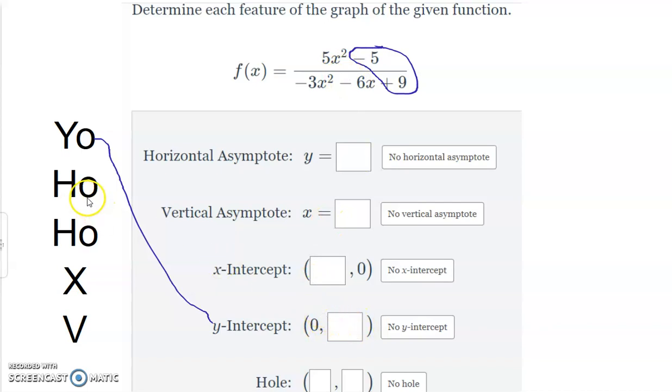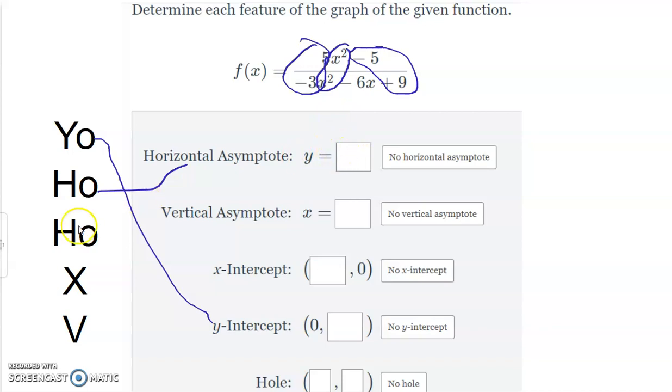All right, easy enough. The horizontal asymptote, and if you've gone sequentially through this review, then you've already seen a lot of this detail. So the first ho is for the horizontal asymptote. All right, and that's this one. And it comes from, well, because these degrees are the same, then they take the leading coefficients and it's y equals -5/3.